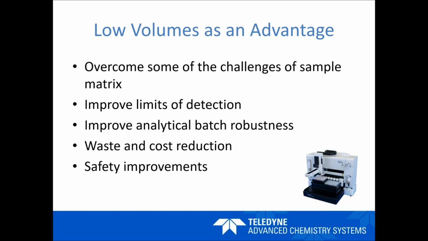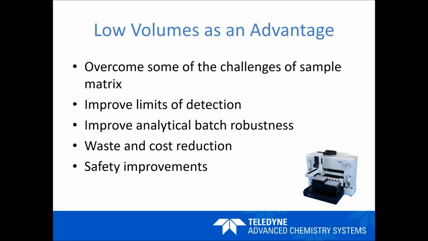On a like-for-like comparison between working with and without essentially the MVX system, but working with the same samples, if you go with low flow rate and low volume, we've seen an improvement in detection limit by 5x, so five-fold improvement in detection just with some basic testing to go to low volume.